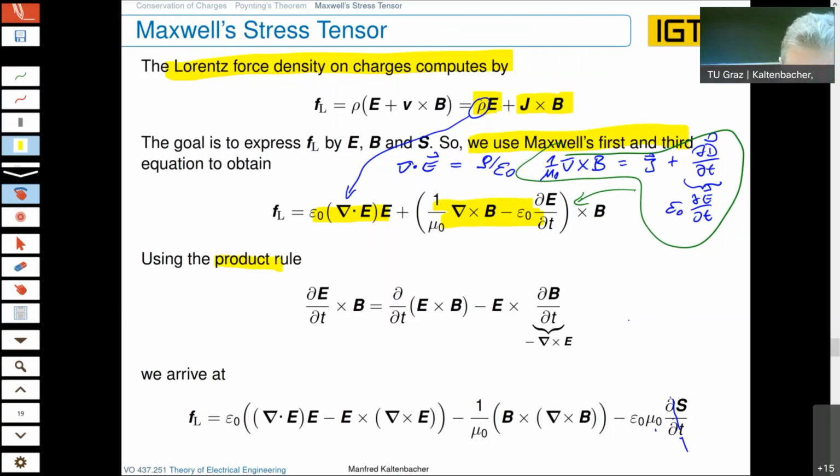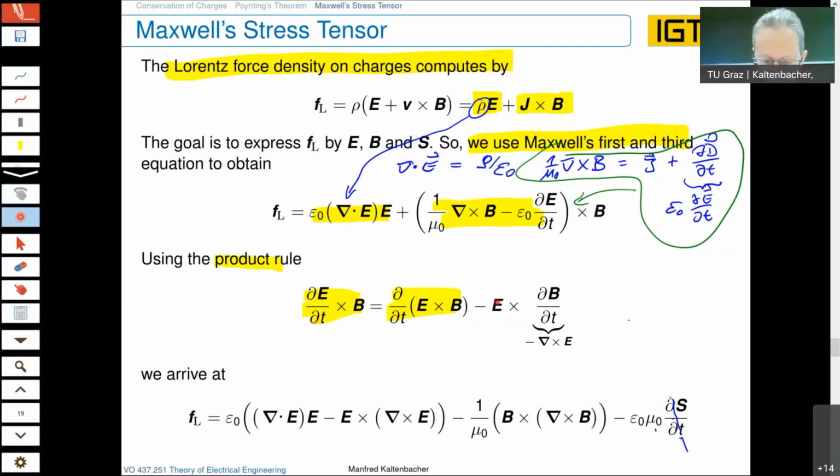If you have the time derivative of the electric field cross product with the magnetic field, we can take first the cross product and then the time derivative, but then we have too much, because on this side we just had the time derivative of the electric field.